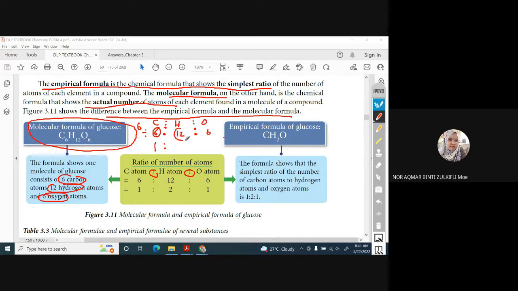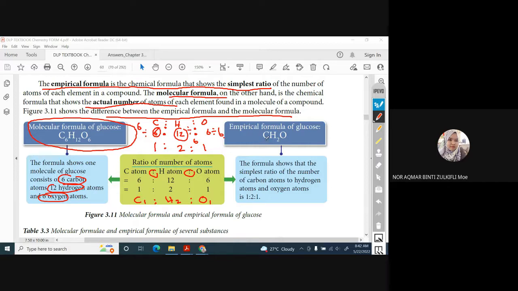So 12 divide 6, 6 divide 6. So you will get 1, 2, 1. Find the smallest one. So you will get carbon 1, H 2, the simplest ratio. Then O also 1.